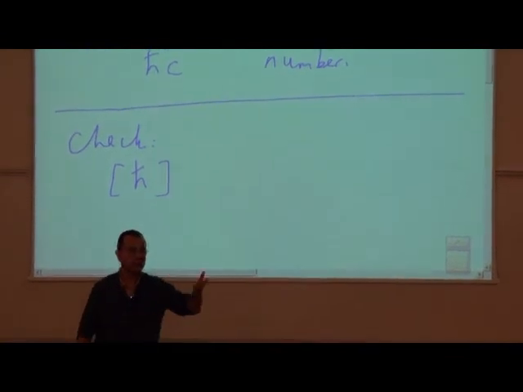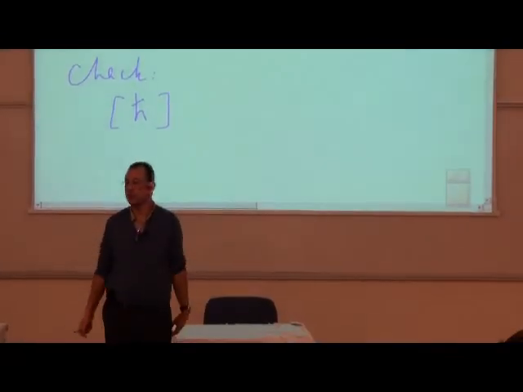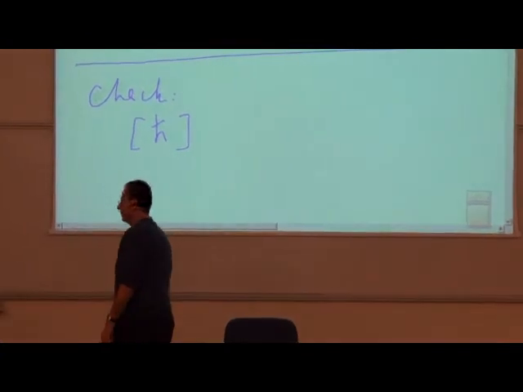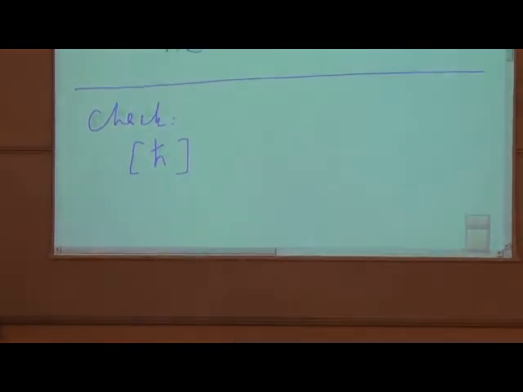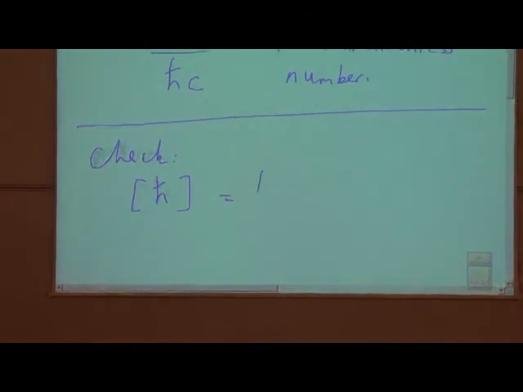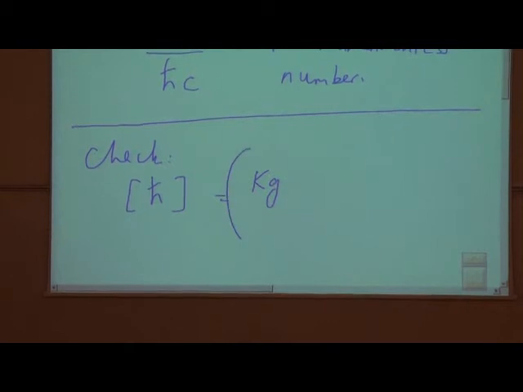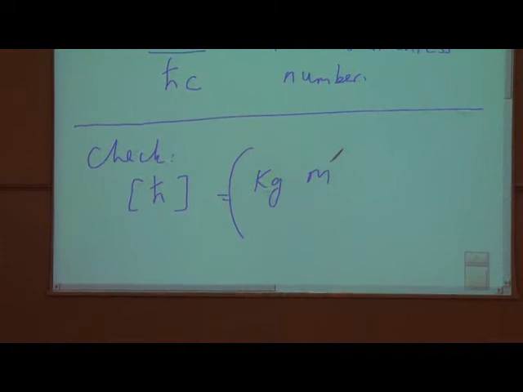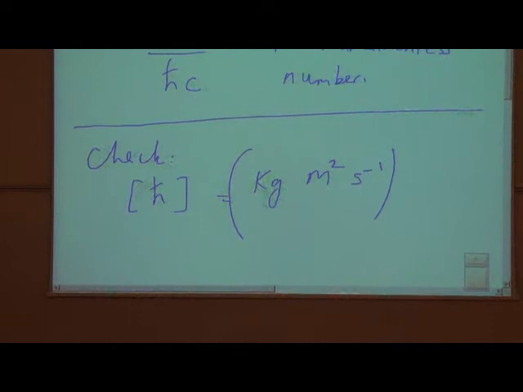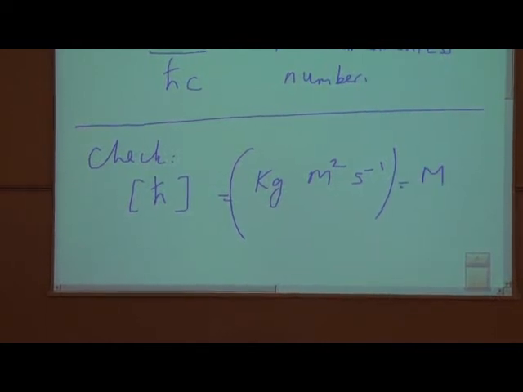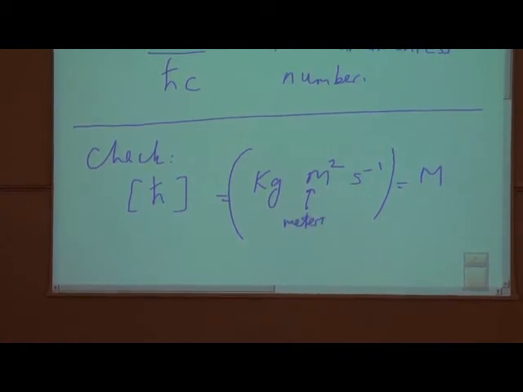I assume you don't know anything about h bar, so I give you its units. Units are kilogram meter square per second. So dimensions are mass, L square, T to the minus 1.